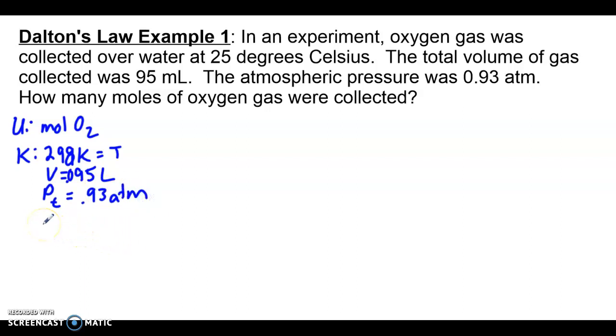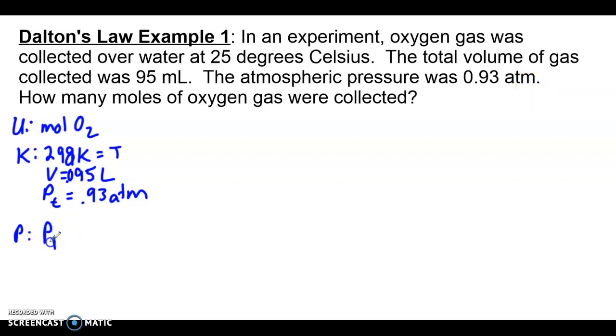Now the thing that we have to realize as we work through this is that this oxygen gas was collected over water. So we're going to have to subtract out the pressure of the water vapor from the total pressure to get the pressure of the oxygen.